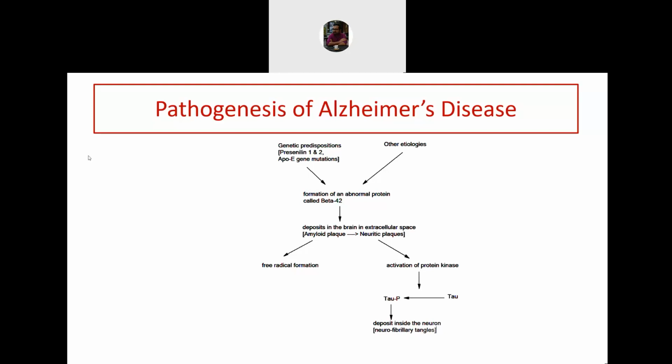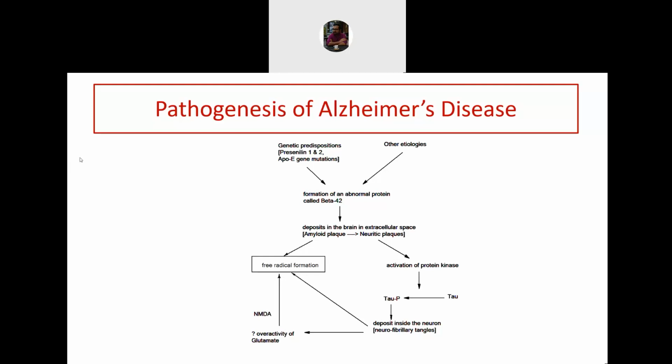The neurofibrillary tangles also lead to free radical formation, and probably also to some mechanism that causes overactivity of the neurotransmitter glutamate. Overactivity of glutamate also causes free radical formation with the help of the NMDA receptor. So ultimately we end up in the final common step, that is free radical formation.